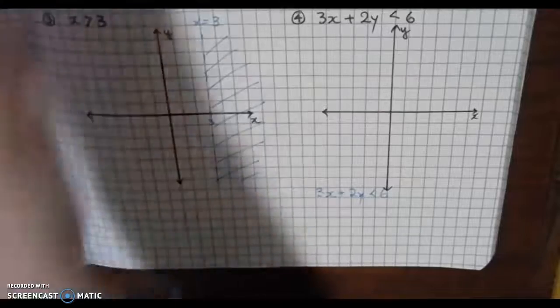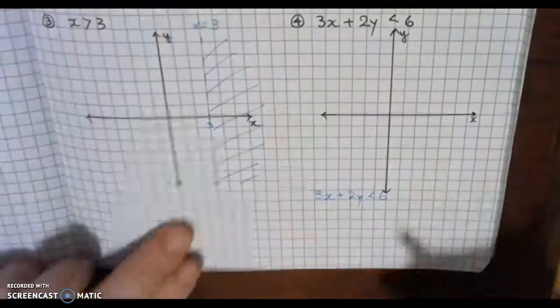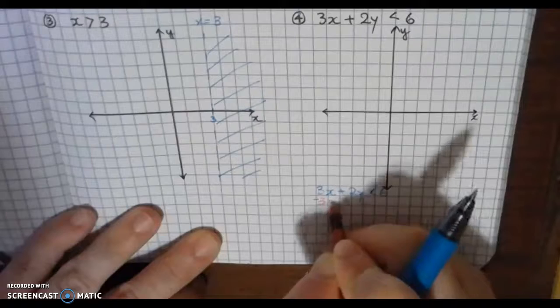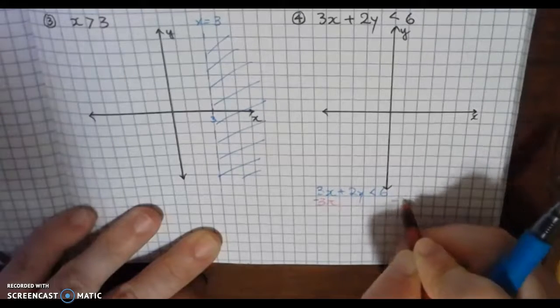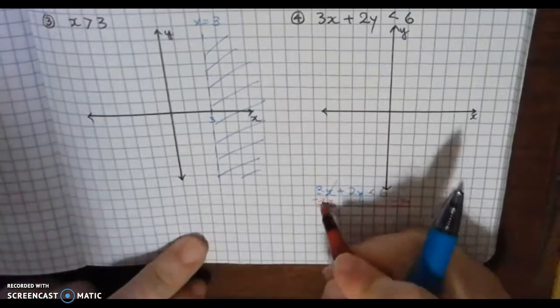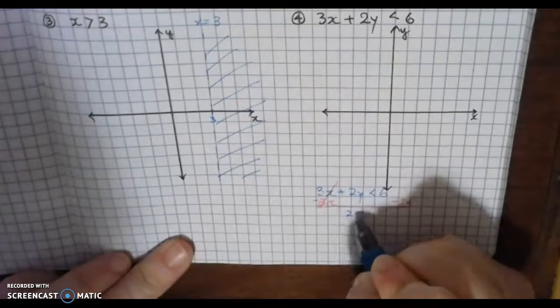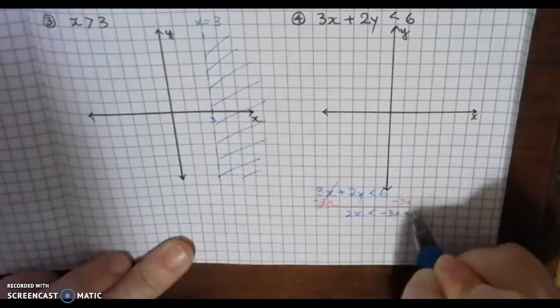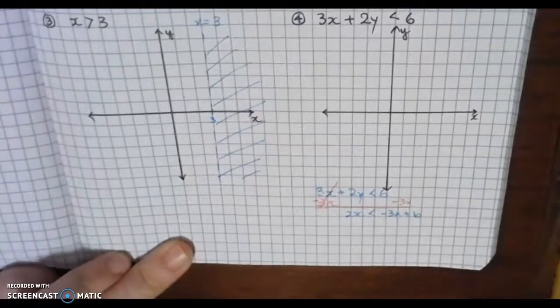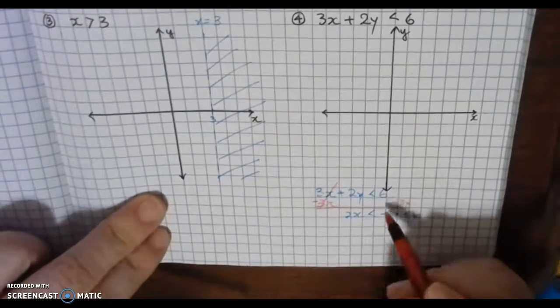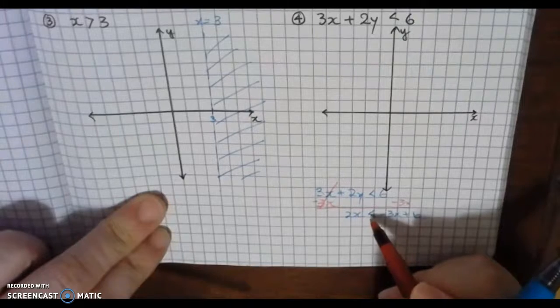So I need to get rid of the 3x first by subtracting 3x from both sides, which leaves me with 2y is less than negative 3x plus 6. And because I've just added and subtracted, I do not need to do anything to the inequality sign.